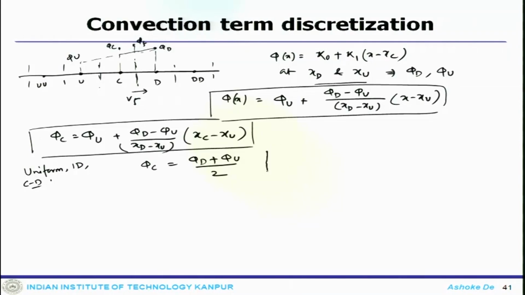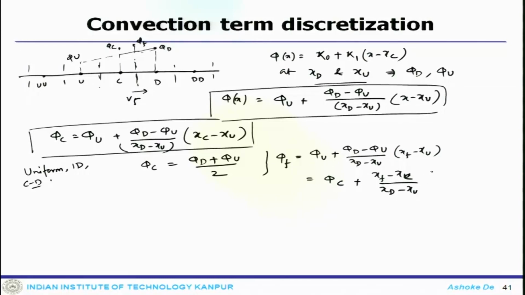With that, phi f would be phi u plus phi d minus phi u over x d minus x u times x f minus x u, which one can write as phi c plus x f minus x c divided by x d minus x u multiplied with phi d minus phi u.